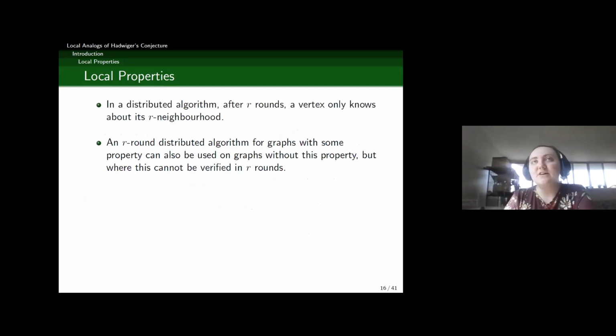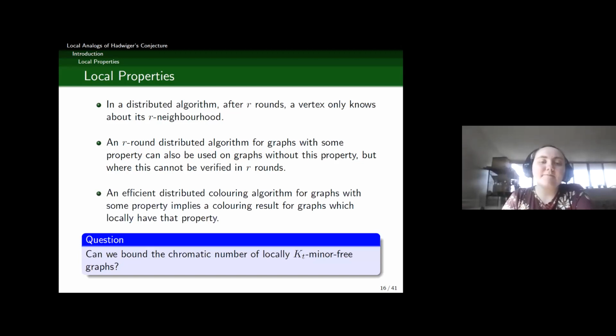Because if you had an R-round distributed algorithm that failed on graphs that don't have the property, you've just found a way to certify in R rounds that the graph doesn't have this property. So an efficient distributed coloring algorithm for graphs with some property, like no K_t minor, planarity, whatever, implies a coloring result for graphs which locally have that property.